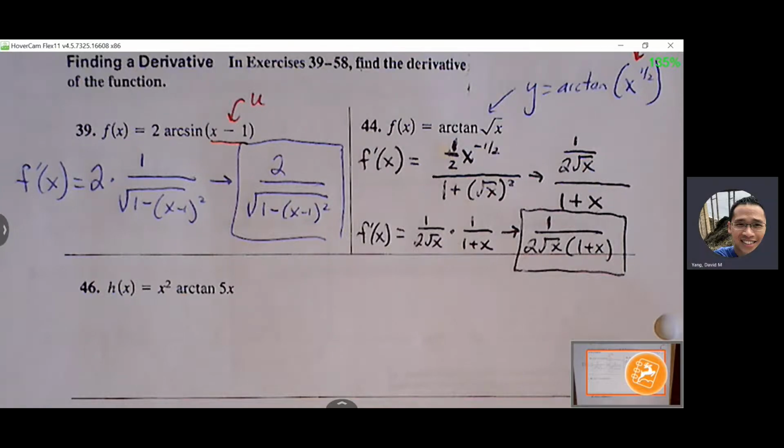How about 46? What do you see there? Product rule. Yep. Product rule.